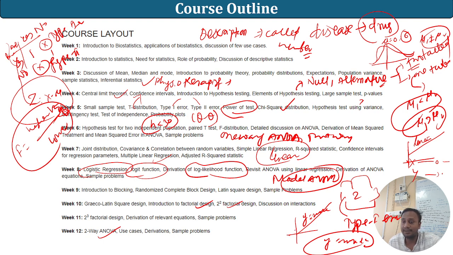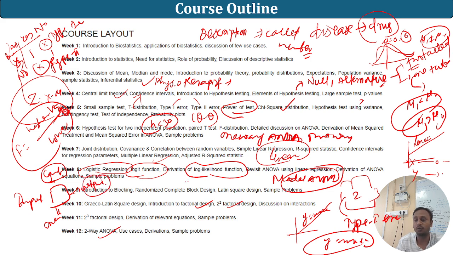The first concept in design of experiment is that we have the input and a black box. One is the controllable factor that we know. Second is the uncontrollable factor that we can't control. Then we have the output, and from this output we do some sort of statistical testing.